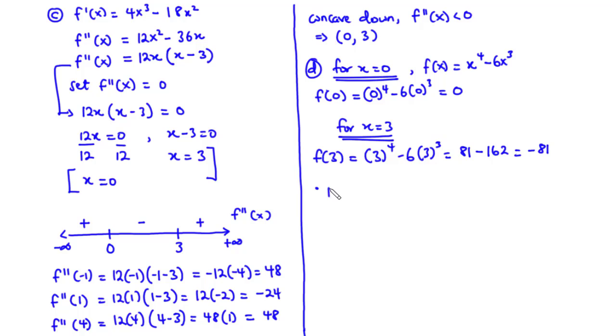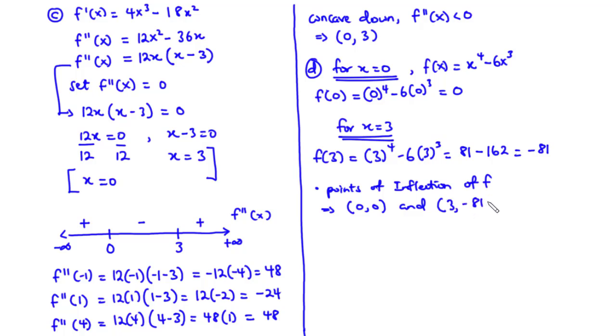Therefore, we say that the points of inflection of the function f are 0, 0, and 3, negative 81.